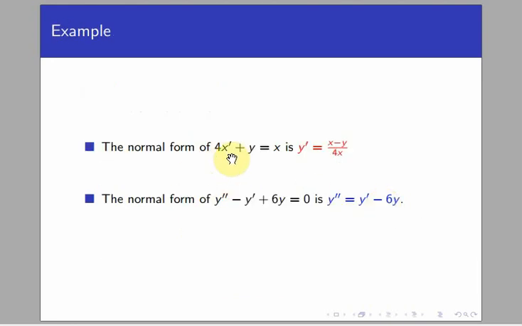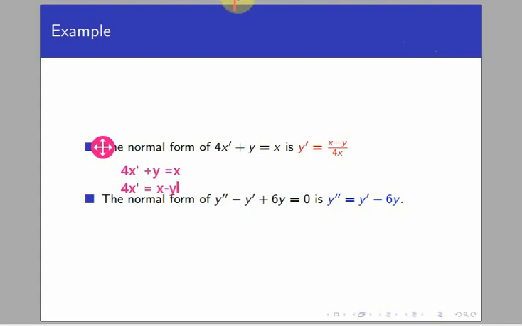The normal form of 4x y prime plus y equals x is what? Y prime equals x minus y over 4x. Here, 4x y prime plus y equals x implies that 4x y prime equals x minus y.